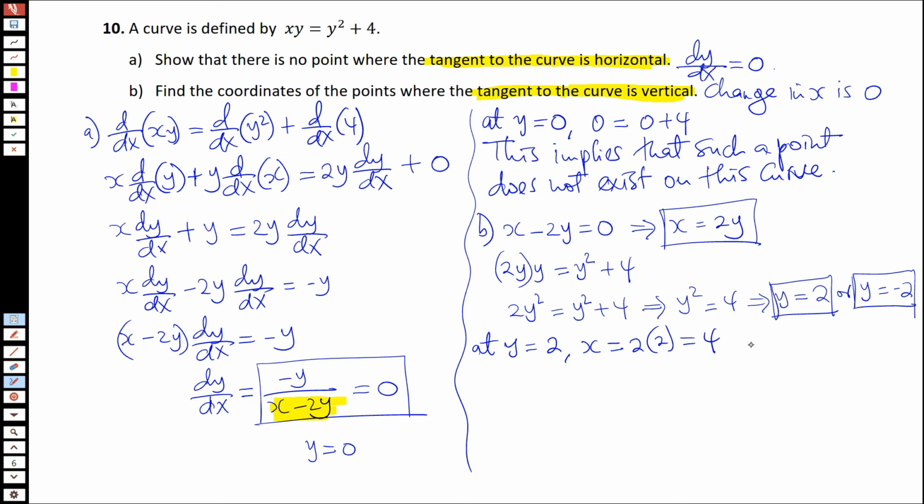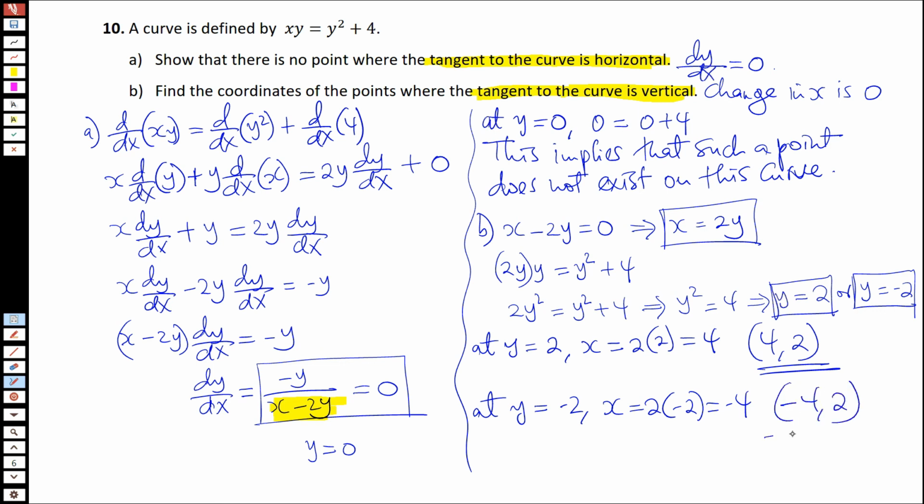So the point will be (4, 2). That's the first point. And at y equal to negative 2, x will be equal to 2 multiplied by negative 2, which will be negative 4. So the point will be (-4, -2). And these are the coordinates of the points where the tangent to the curve is vertical.